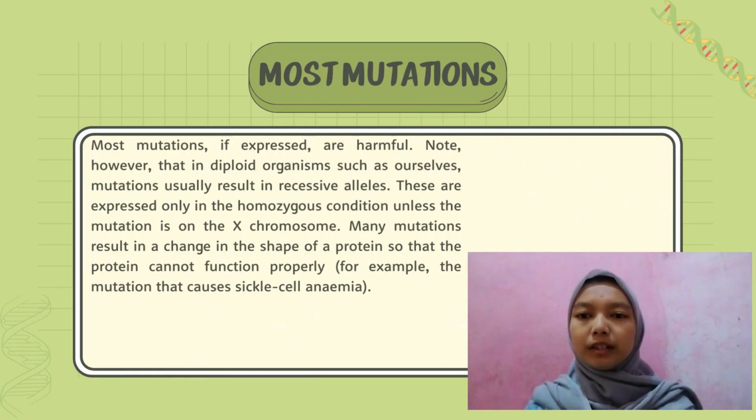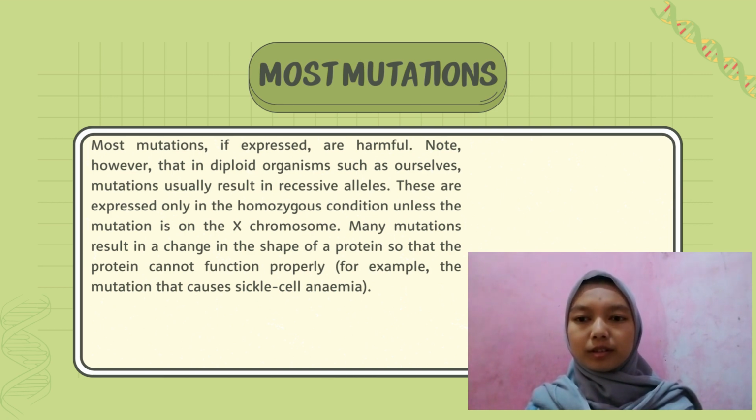Most mutations, if expressed, are harmful. In diploid organisms, mutations usually result in recessive alleles. These are expressed only in the homozygotes, unless the mutation is on the X chromosome.